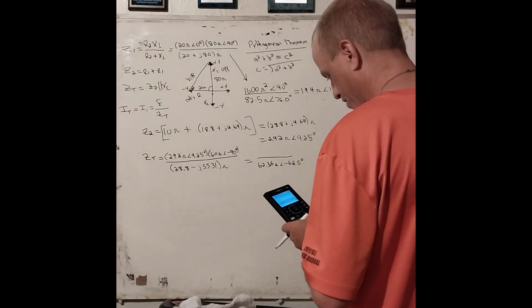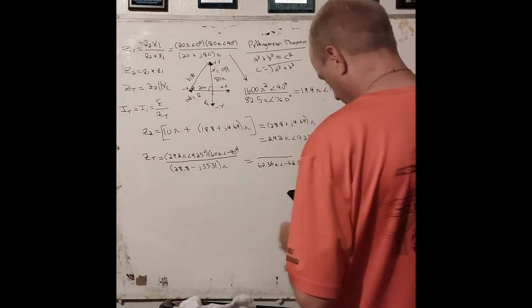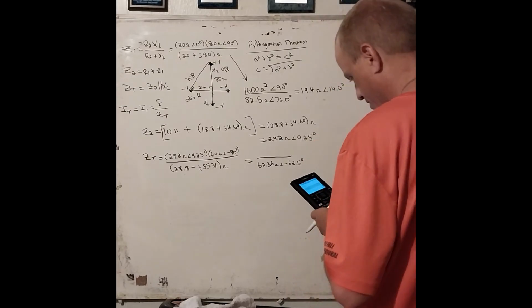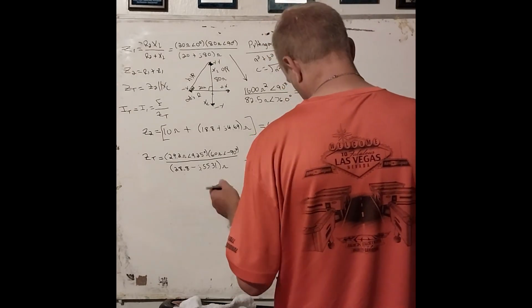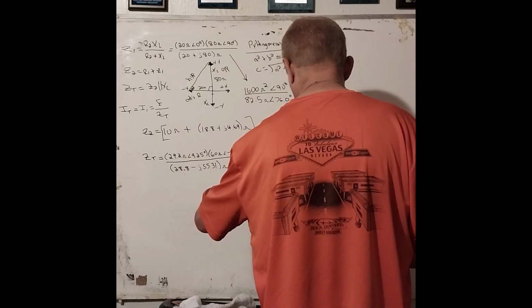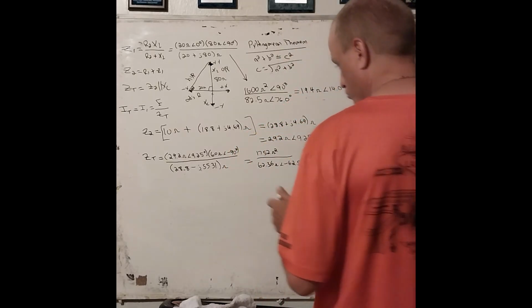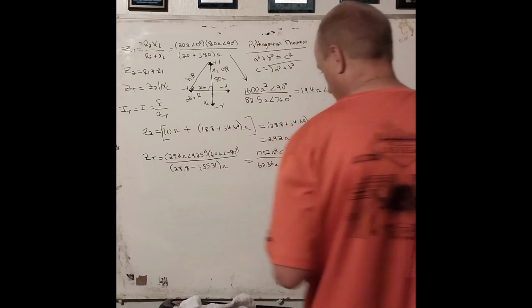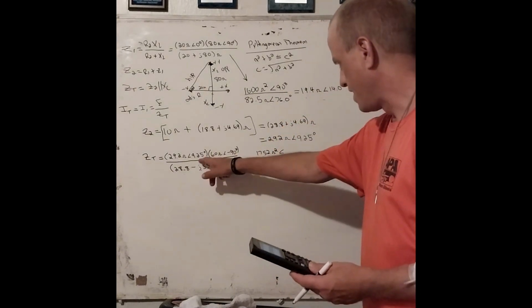It's 29.2 times the 60 ohms. We get 1752 ohms squared. I'm saying this really fast so I can get it done faster. Let's just add these together.